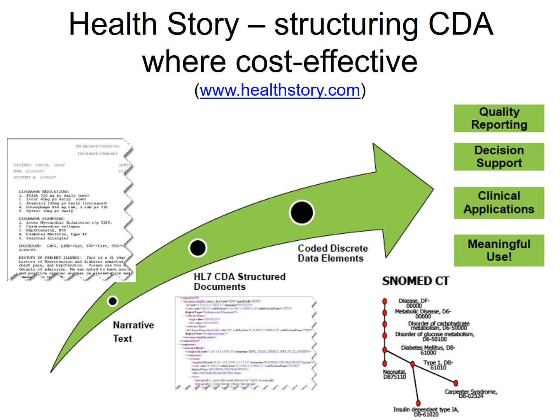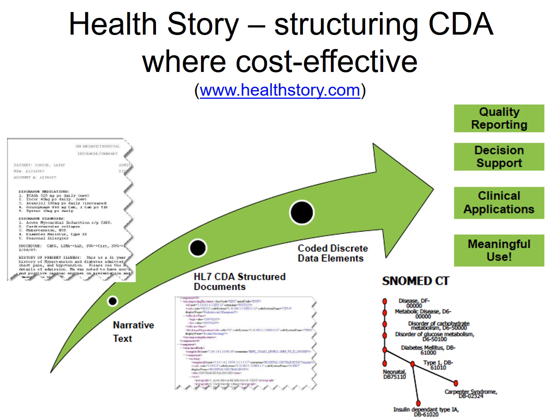Here's another way to look at CDA documents, and this comes from Health Story, which is an effort that advocates the structuring of CDA documents where it's cost effective. So most documents come across as narrative text, and at least at this point, it's cost prohibitive to do more with them, but that's the first level.